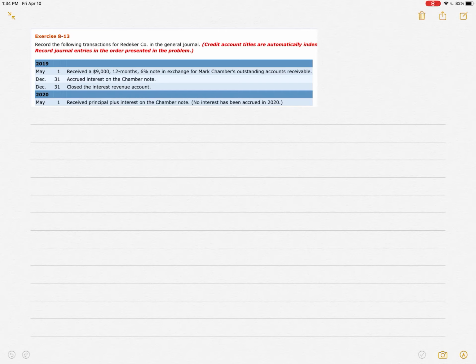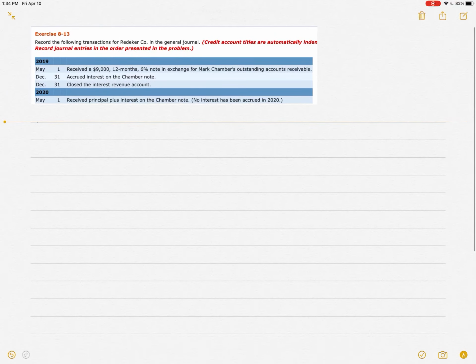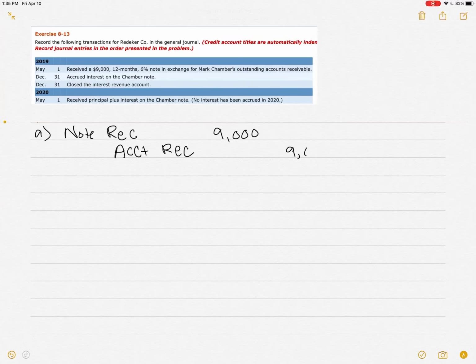So that first entry saying we received a notes receivable in exchange for an account receivable, all we're going to do is set up that note receivable with a debit, so it is an asset, and we're going to get rid of that account receivable. And even though this now has interest and everything else, we only record interest when it's due. So this is for that $9,000 amount.